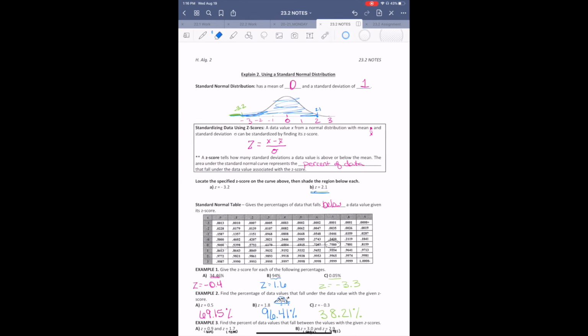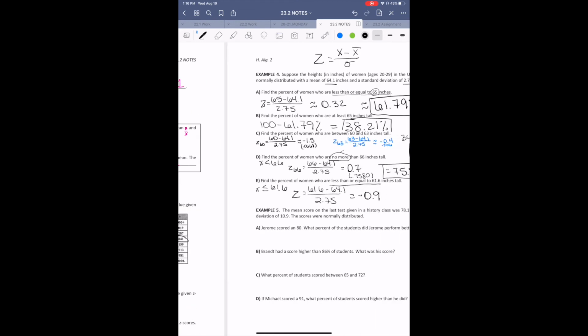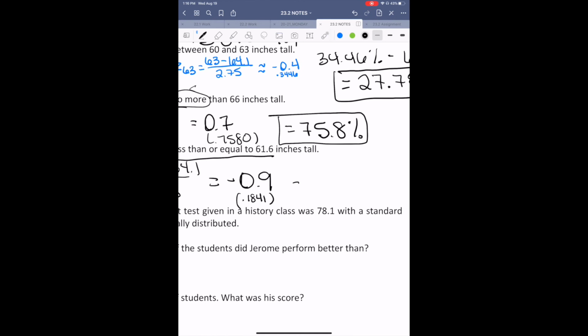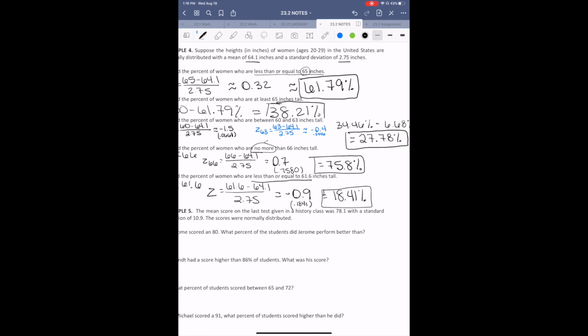Look over at your table and go to negative 0.9, and you can see 0.1841. 0.1841 is our decimal value, which means that 18.41% of our data is less than or equal to 61.6 inches tall.